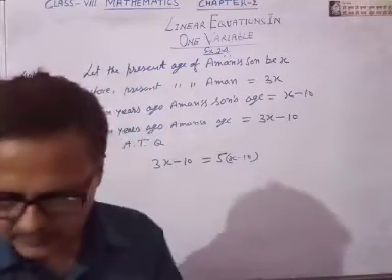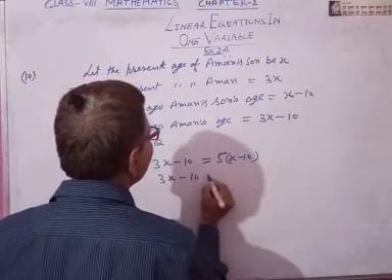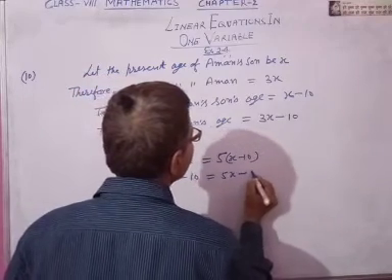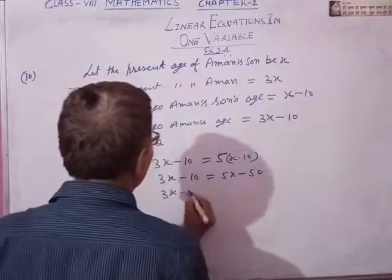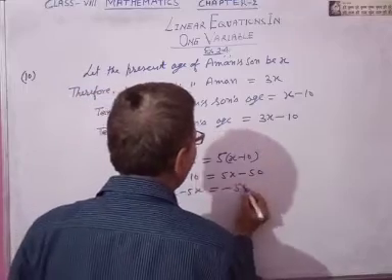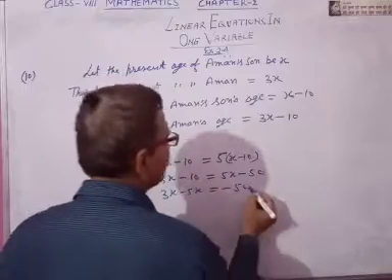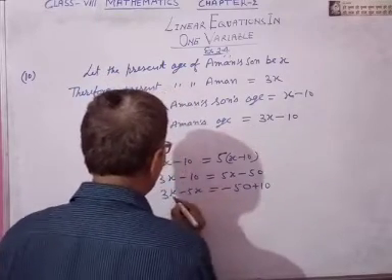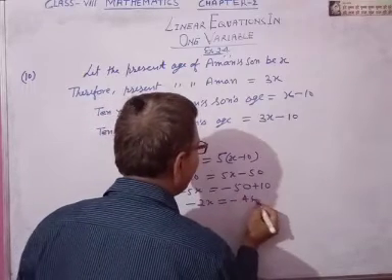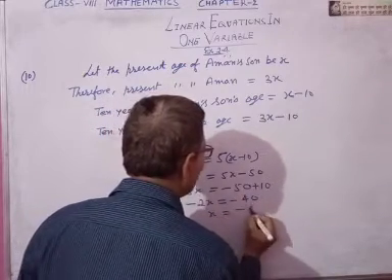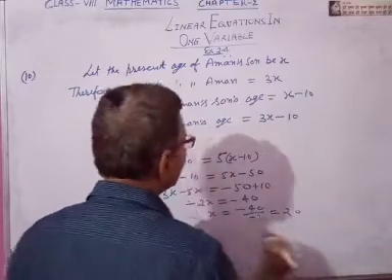Now we will solve the equation. 3x minus 10 equal to 5x minus 50. Now we transpose 5x here. 3x minus 5x equal to minus 50, and transposing minus 10 to the right hand side it becomes plus 10. Now 3x minus 5x is minus 2x, equal to minus 40. x equal to minus 40 upon minus 2, that is 20. Minus minus cancel. x equal to 20.